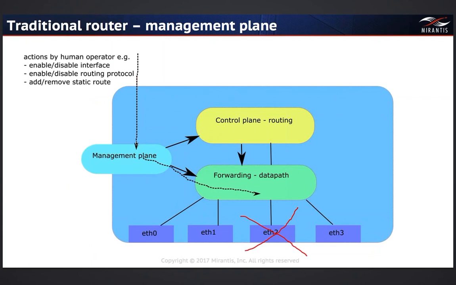They could also add and remove static routes if they want to override decisions made by routing protocols. So in this example, the administrator decided to shut down ETH2, so they connect over SSH to the management plane and run a command to disable the ETH2 interface. So this is what a traditional router on a traditional network looks like.